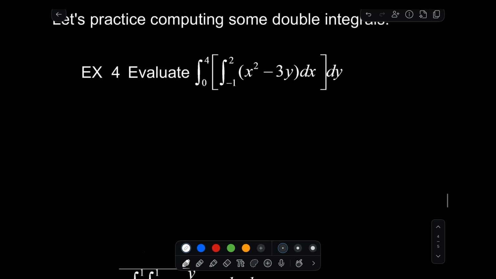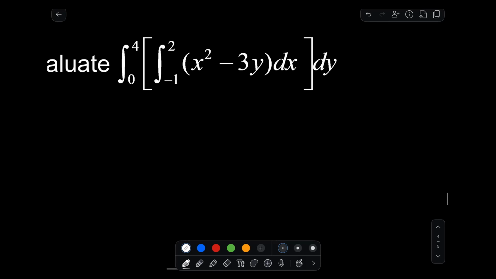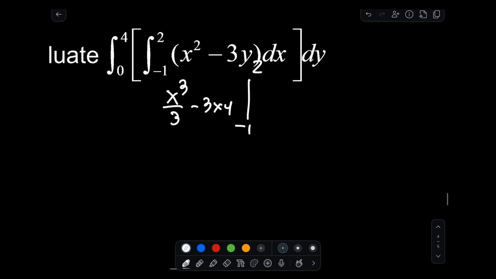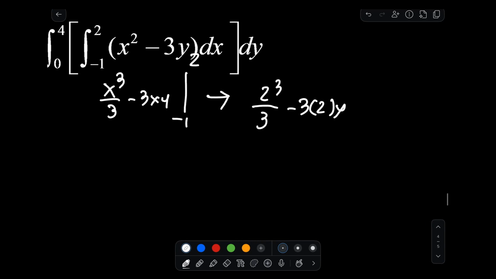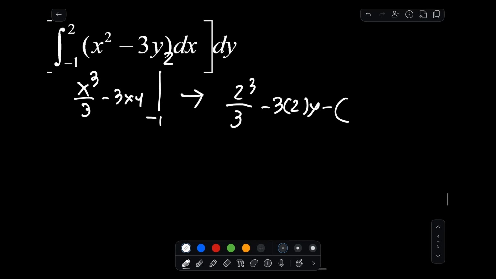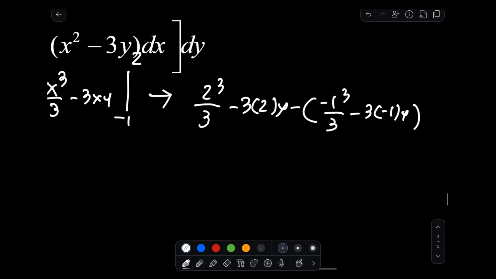All right, so we're integrating with respect to x, so let's just take the antiderivative. We have negative 1 to 2, which means we're going to get 2 cubed over 3 minus (6 minus 3) times 2 times y, minus negative 1 cubed over 3 minus (3 minus 1) y.